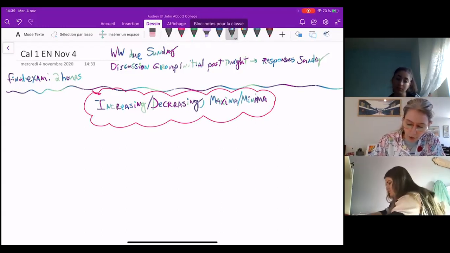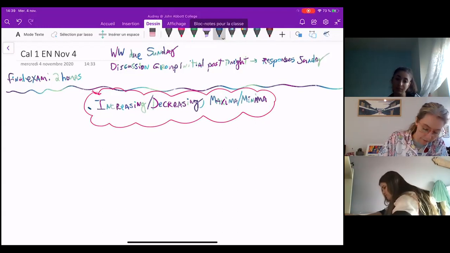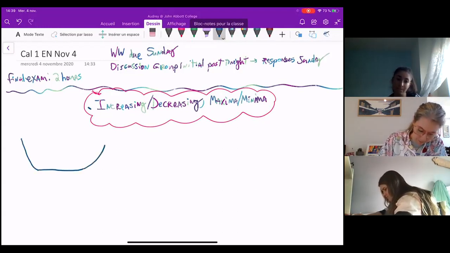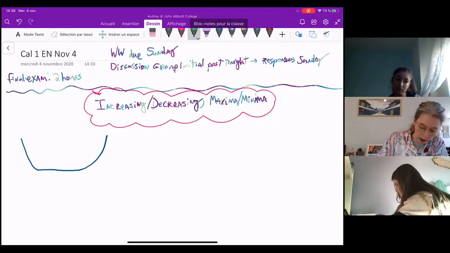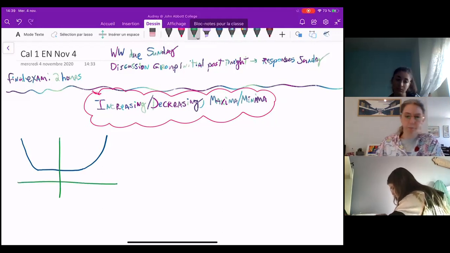And we're going to do that by looking at a graph. So let's say that this is a graph of a function.